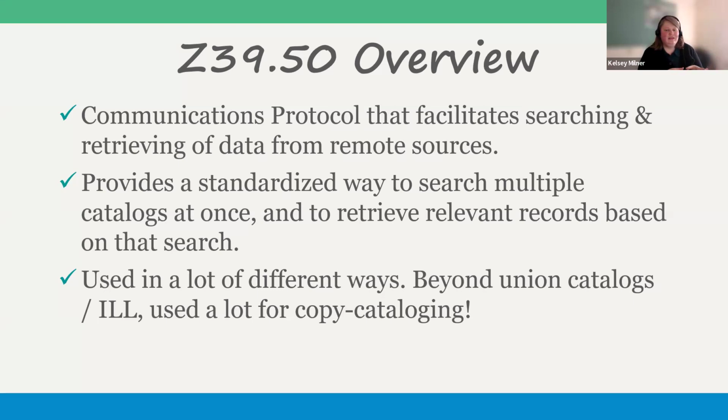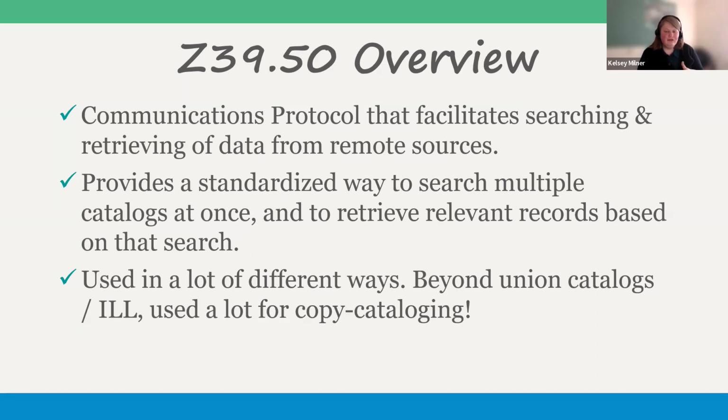The challenge then was that there was not a lot of consistency between different systems in how they responded to searches and requests for records. Z39.50 fixes that issue by providing a standardized language so that a search from a single place can be interpreted the same way by multiple libraries at once.